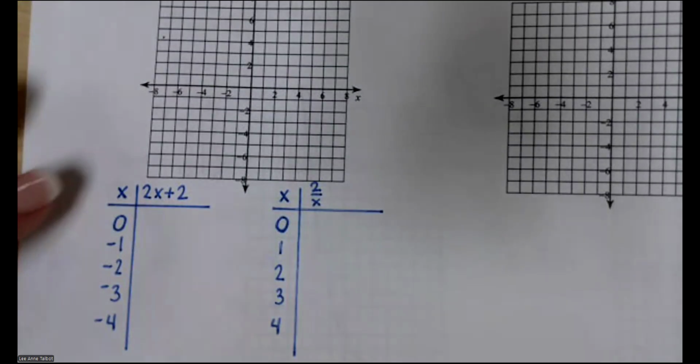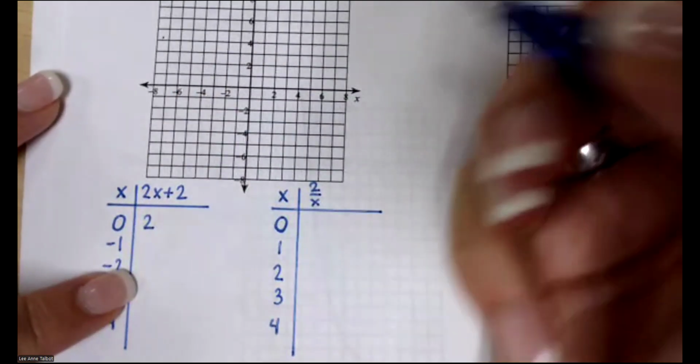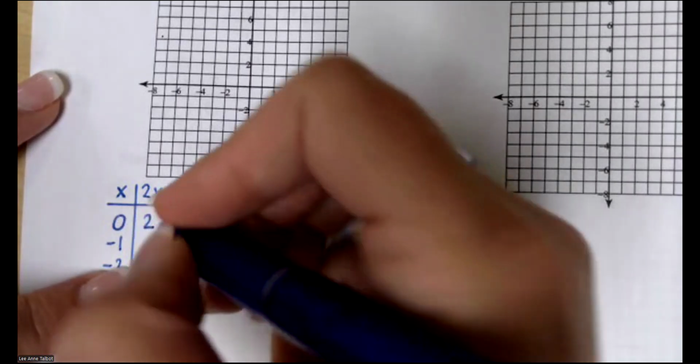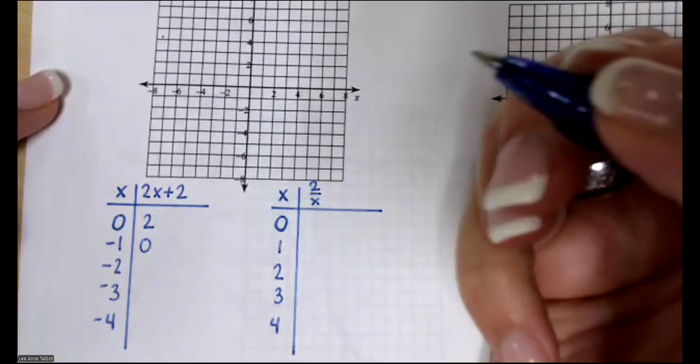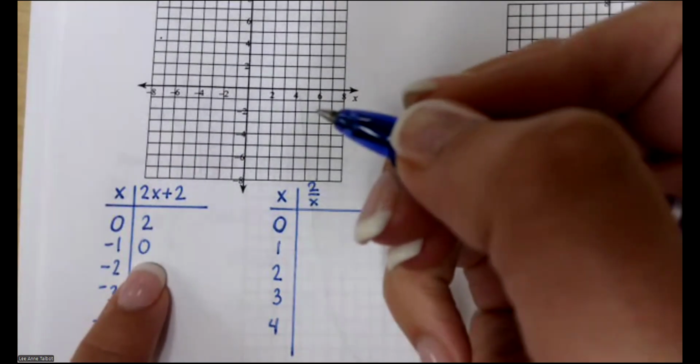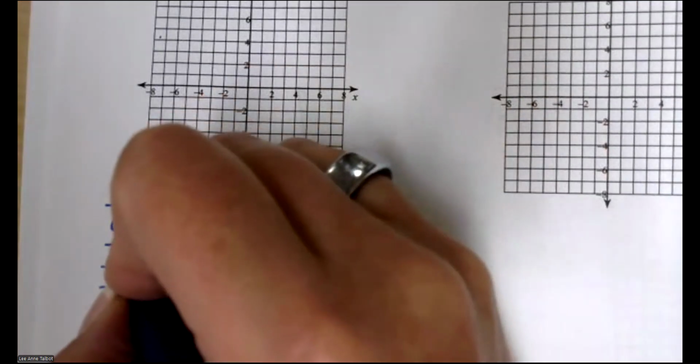Then you do mental math. 2 times 0 is 0, plus 2 is 2. 2 times -1 is -2, plus 2 is 0. Because this one's a line, I can tell it's going down by 2 each time.